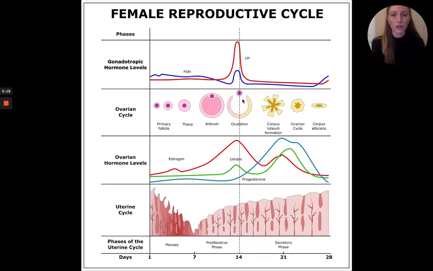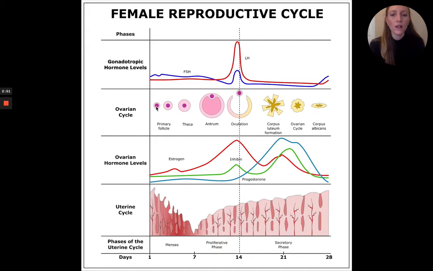So if we just start in our brain and have a look at what's happening, our brain starts by releasing something called FSH, which stands for follicle stimulating hormone. And that's doing exactly what the name says. So that hormone is traveling from our brain and it's going and communicating to our reproductive organs that we want to stimulate a follicle.